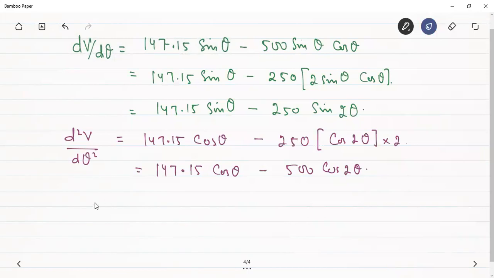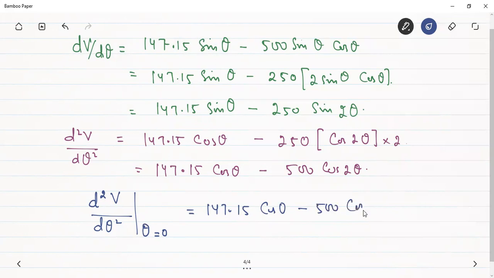So we have to check at two positions. The first position is theta is equal to 0 degree. So when theta is equal to 0 degree, we can substitute 147.15 cos 0 minus 500 cos 0.